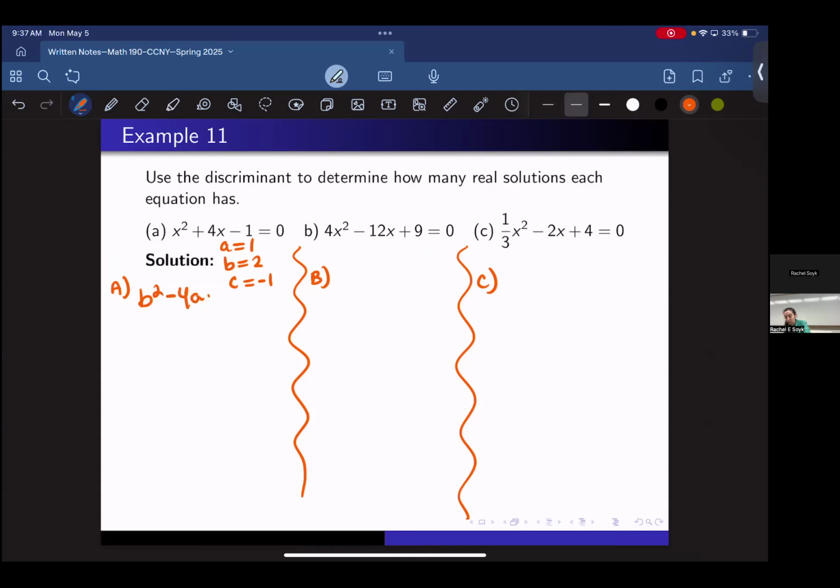We want to just figure out what is the pattern here. 2 squared minus 4 times 1 times -1. 4 plus 4, this gives us 8. Oh, 8. What do we know? If our 8 is greater than 0, it's positive. So we get 2 real distinct solutions.